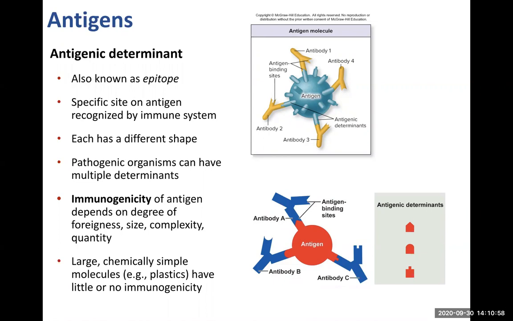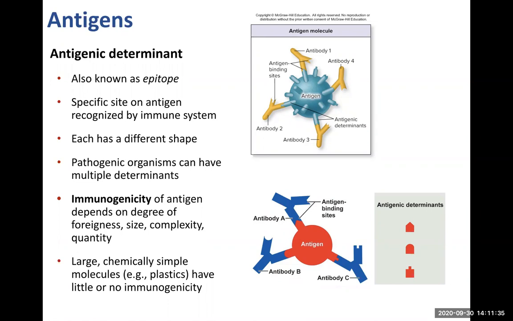I shouldn't just say as foreign, because we use the epitopes of self-antigens to tell our cells that those antigens are not foreign. So just think of an epitope as the region of the antigen that is recognized by the immune system. What makes an antigen recognizable, again, is the size and the degree of foreignness.